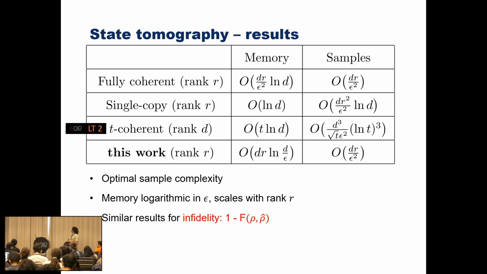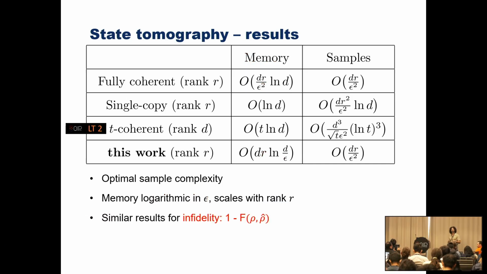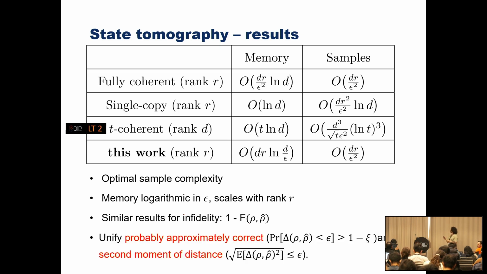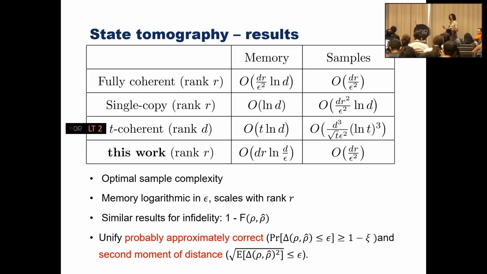Of course, we also obtain similar results for the infidelity. In this talk, I focused on trace distance, but all our results also apply to the infidelity accuracy measure. And as an extra added result, we also join the 2 conditions for state tomography, which is the probably approximately correct, as well as the second moment of distance.